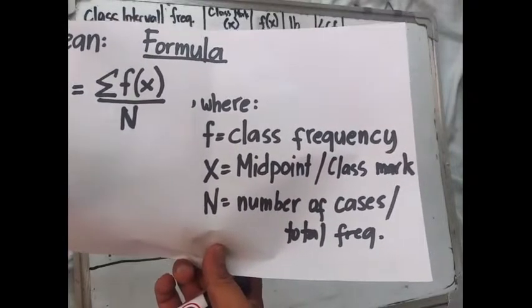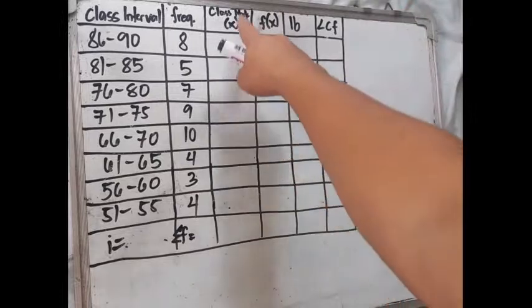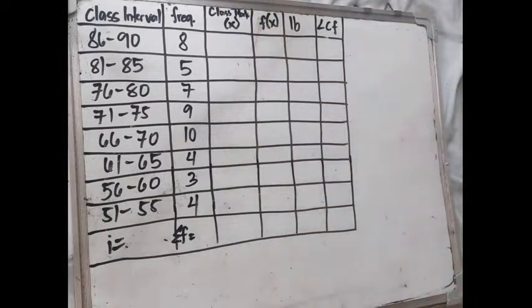So before we will find the value of the mean, first we need to complete the frequency distribution table. So based on the formula a while ago, the value of frequency or f is the total frequency. So we will find the value of the class mark, or that is x, midpoint of its class.